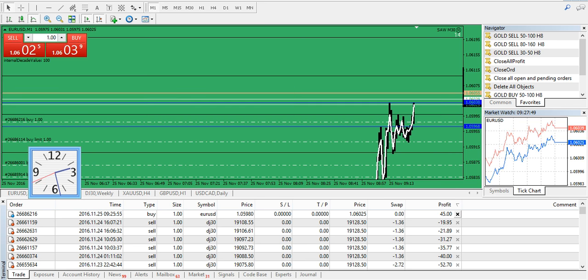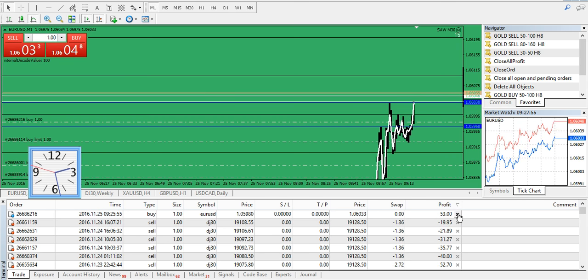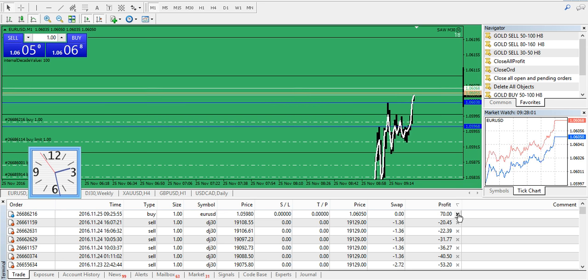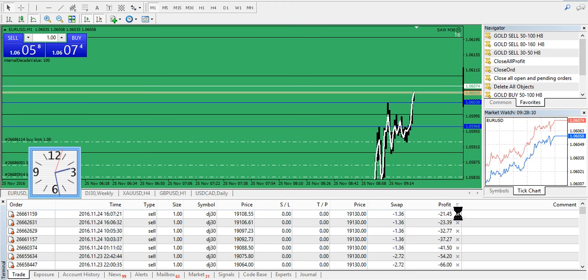Okay, we're at the round number. At this point, I'm ready to get out just as they cut through there, and they blast for about, oh geez, right about there.